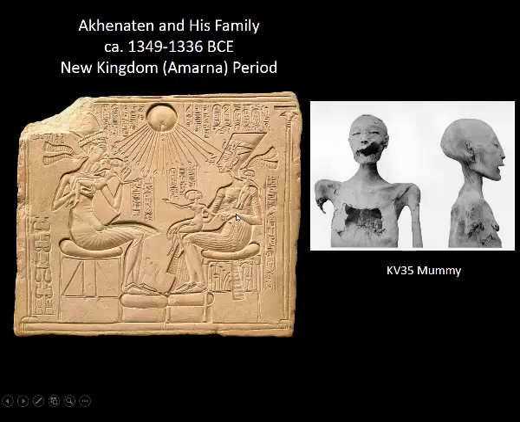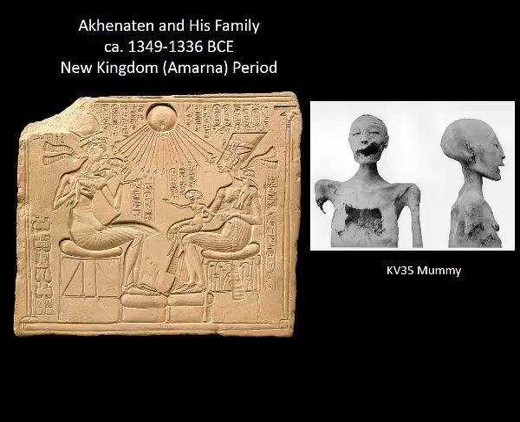Now, a lot of people ask why, especially with these weird heads. You know, what's with the weird heads? What's with the weird shape? Some people say Akhenaten suffered from a disease, Marfan syndrome, which has the effects of misshaping the body to make it look feminine.